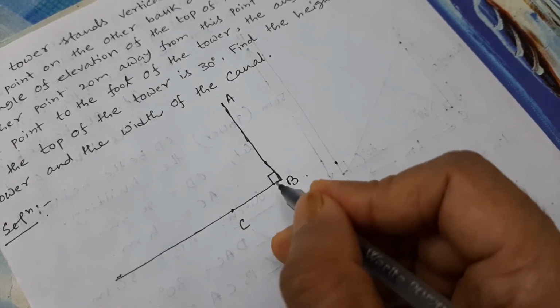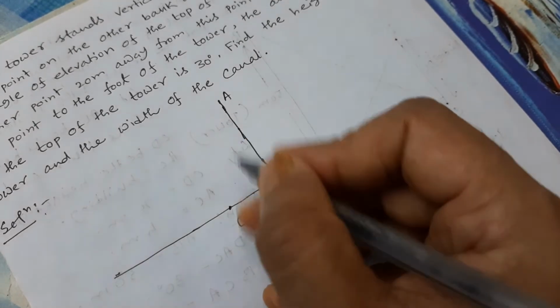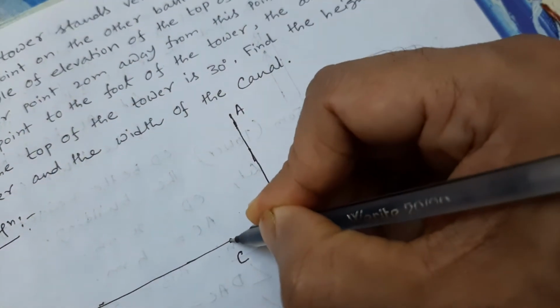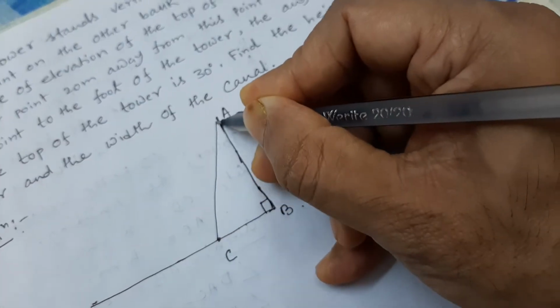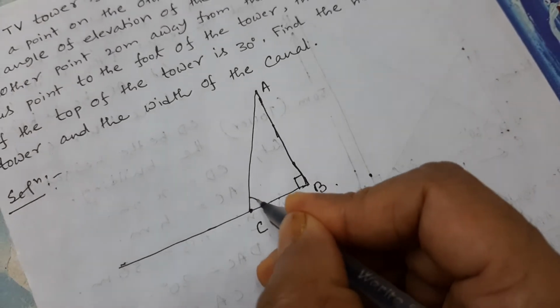Okay, the angle of elevation of the top of the tower. So from C point to A point, join AC. This is top of the tower, this angle is 60 degree.